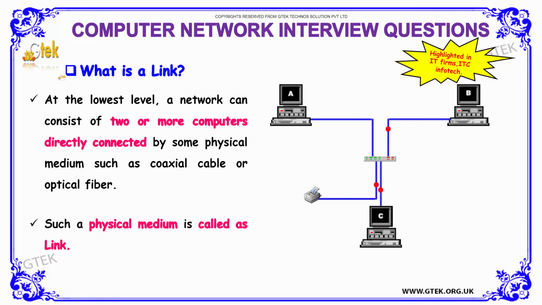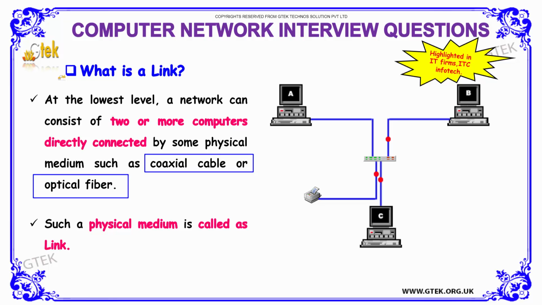Moving on to our next question, we have, what is a link? A link at the lowest level is nothing but two or more computers which are directly connected by some physical medium, say a coaxial cable or an optical fiber cable.